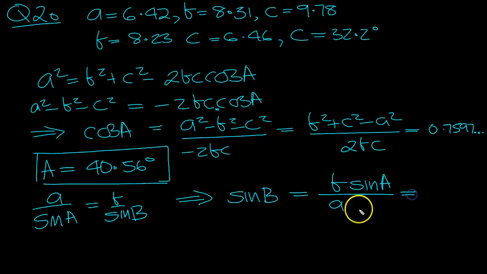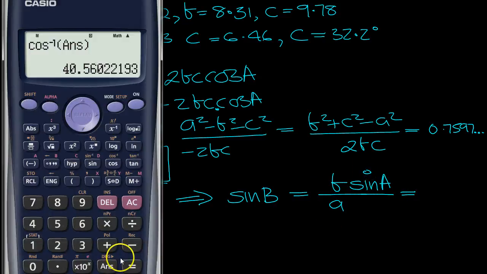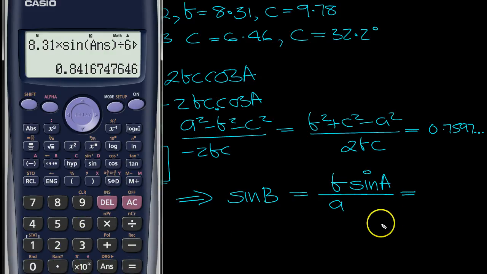So that's equal to b times sine a over a. So it's b, 8.31, times the sine of the angle a, which is answer, divided by a, which is 6.42, equals 0.8416.